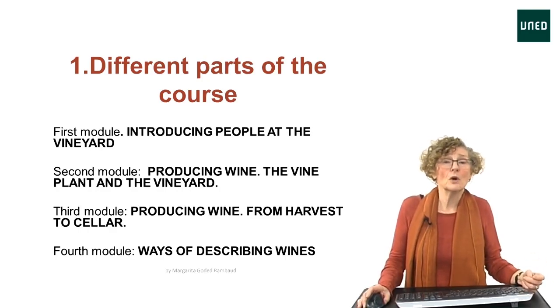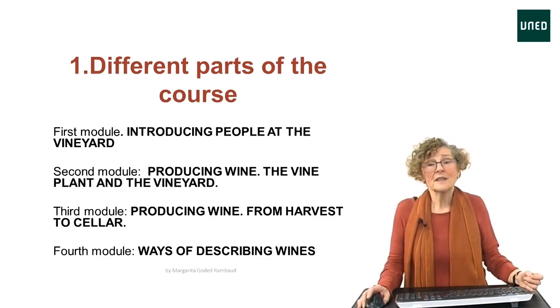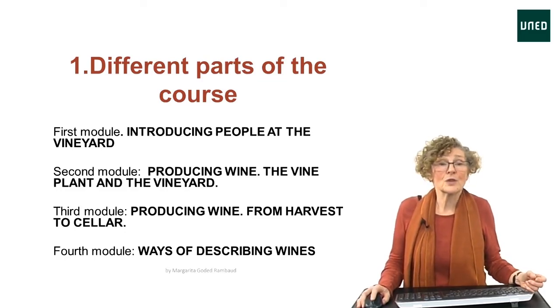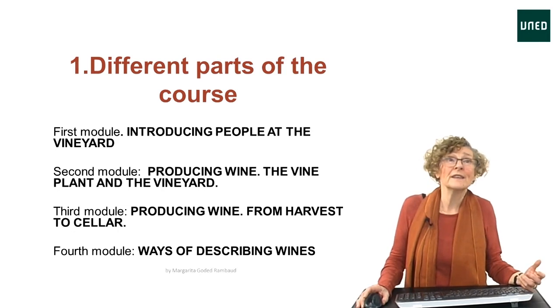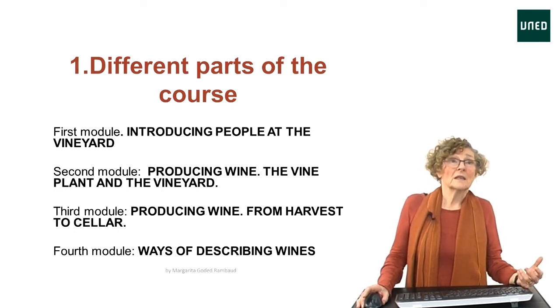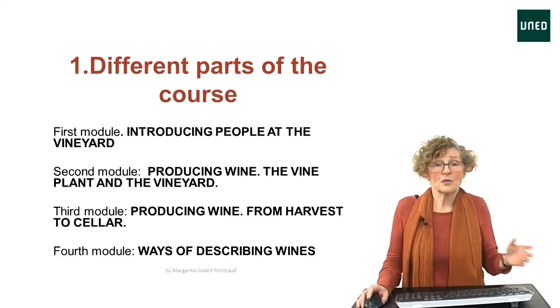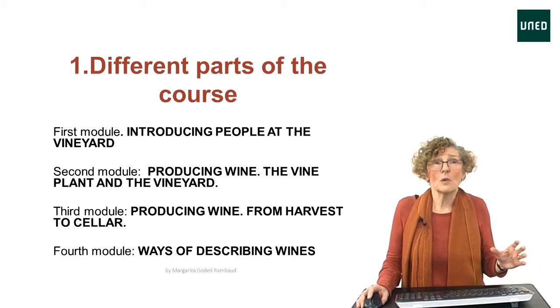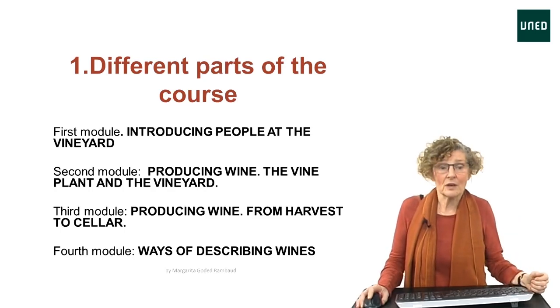The second module is called Producing Wine, and we'll study the vine plant and the vineyard. This module also deals with fermentation of wines and the bottling and how you transfer them from one place to another, and all the different processes that end up in the aging of wine.